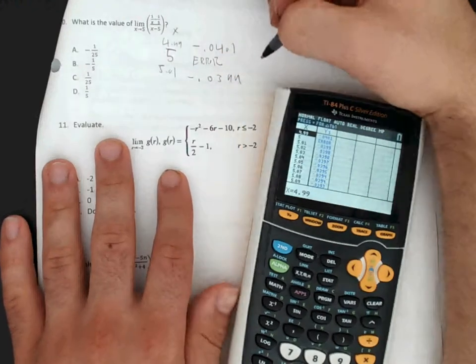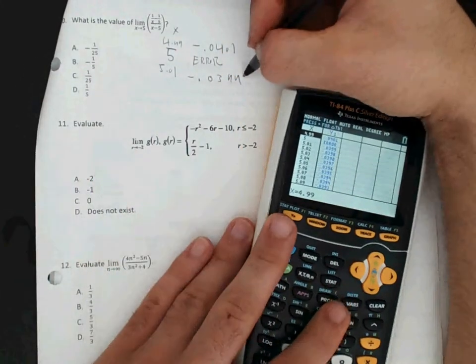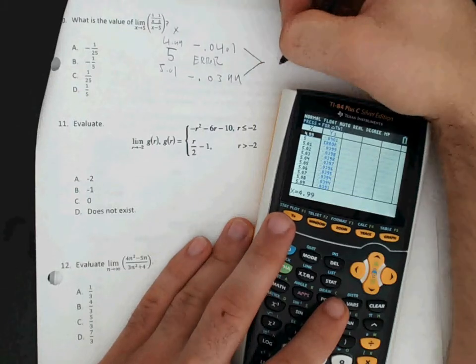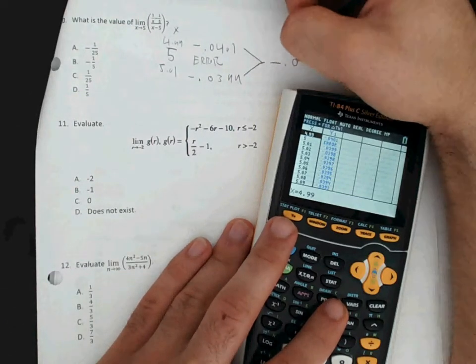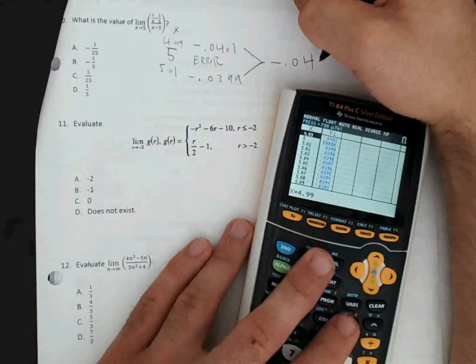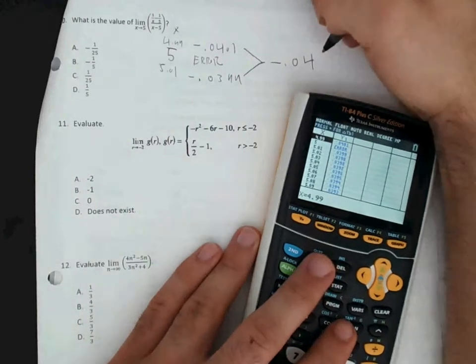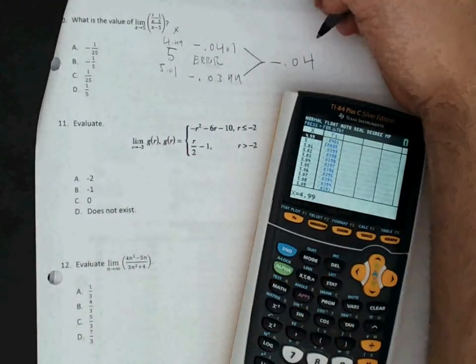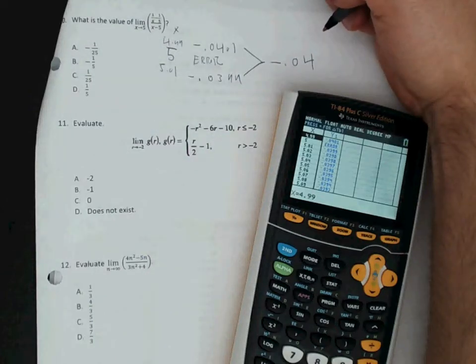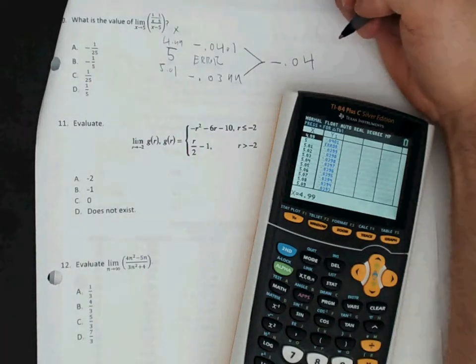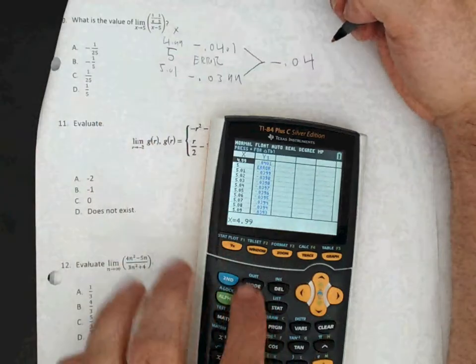So essentially this is approaching negative 0.04. Alright? And negative 0.04, let's evaluate our negative numbers in the answer choices now.